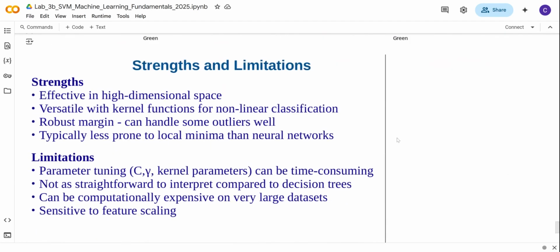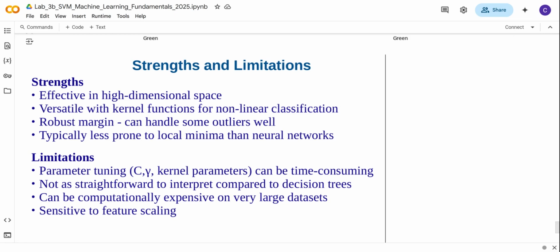Let's look at some of the strengths and limitations of support vector machines in general. Support vector machines are effective in a high dimensional space. They are quite good because they introduce kernel functions for nonlinear classification.